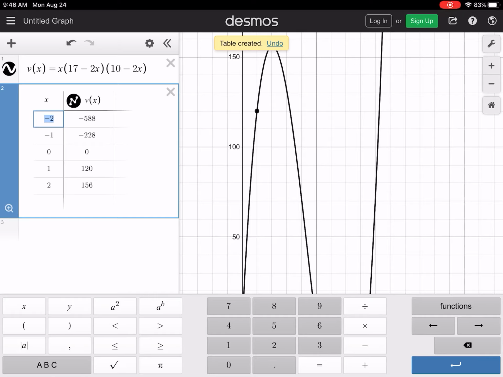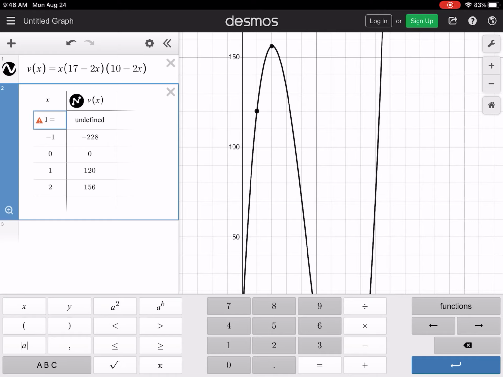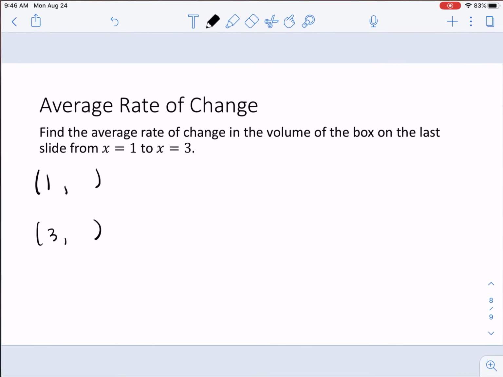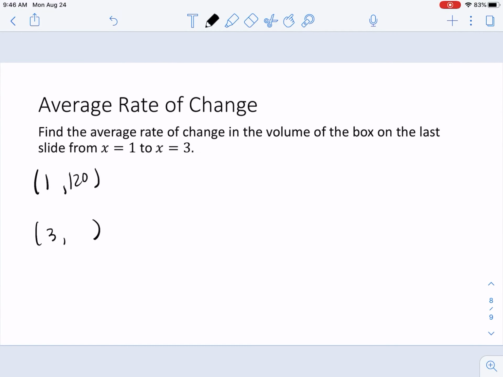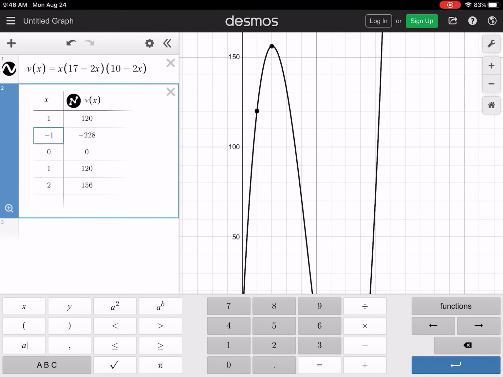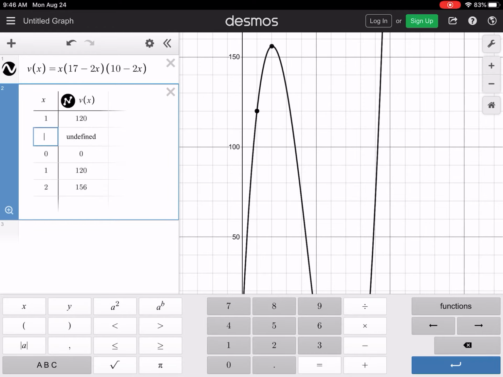So negative 2 is highlighted. We knew that we needed x equals 1. Oops, sorry. And when I put in 1, I get 120. So I'm going to come back over here and say, okay, 1 was 120. And then we also needed 3. When I put in 3, I got 132.